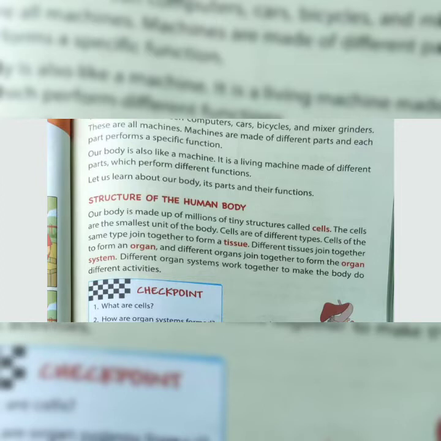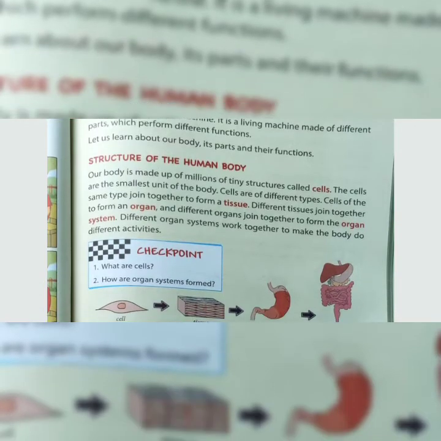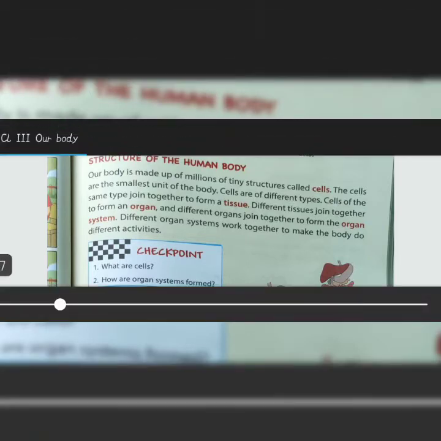Structure of the human body. Our body is made up of millions of tiny structures called cells. The cells are the smallest unit of the body. Cells are of different types. Cells of the same type join together to form a tissue.